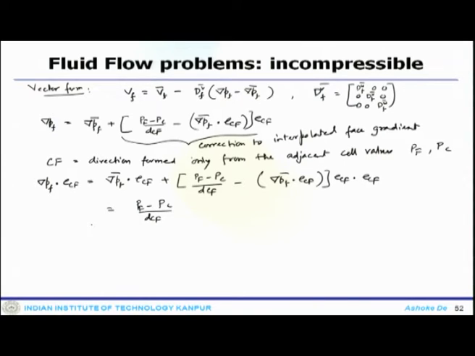Now, before we derive the multidimensional momentum equation and multidimensional pressure correction equation, one can look at some sort of a discretization of the momentum equation, or the discrete momentum equation.